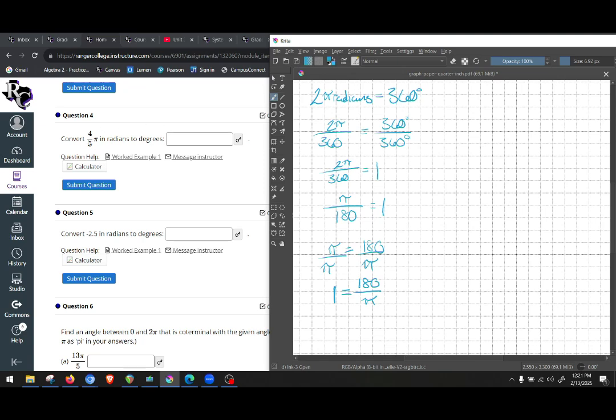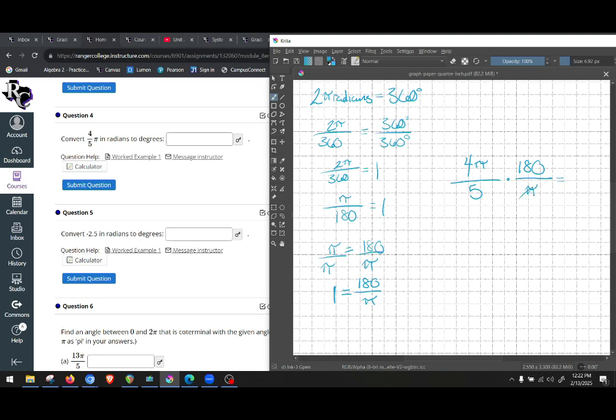So if we're going from 4 fifths pi, just put that pi on the top with that 4, and we want to go to degrees, then this is what we're using. We multiply that by 180 over pi.